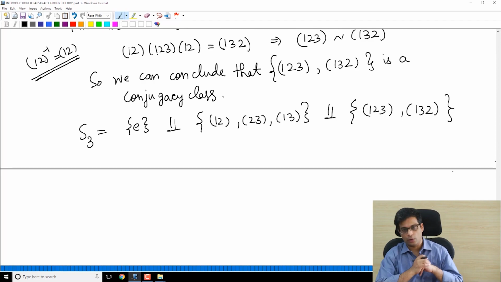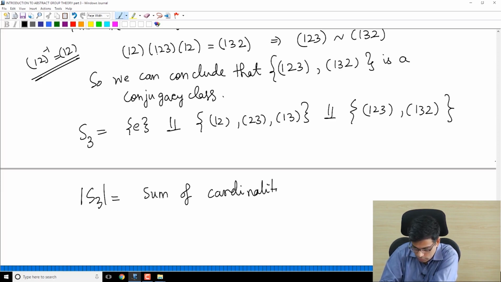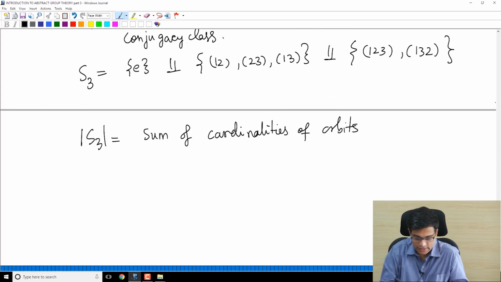When I talked about counting formulas, I noted that the cardinality of the set, which in this case is again the group, is the sum of cardinalities of orbits, right? And I also noted at that time that cardinalities of orbits divide the order of the group. So in this case, what is that formula? This is called the class equation.